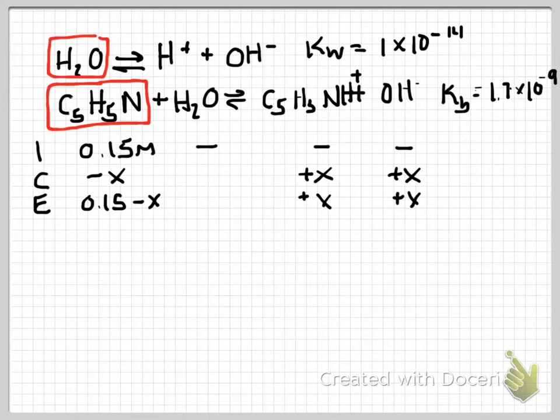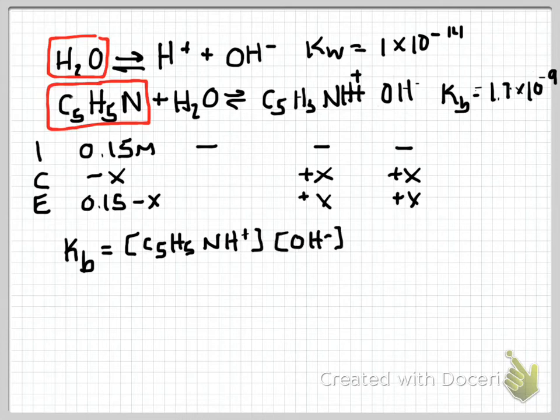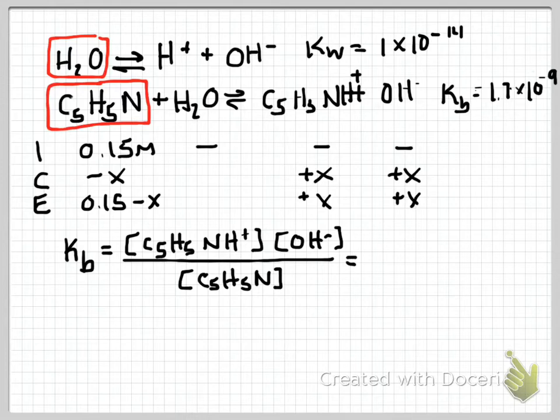We can put this into our K expression for Kb, which is going to be our C5H5NH plus times our OH minus all over our pyridine, which is going to equal x squared all over 0.15 minus x, which equals 1.7 times 10 to the minus 9.